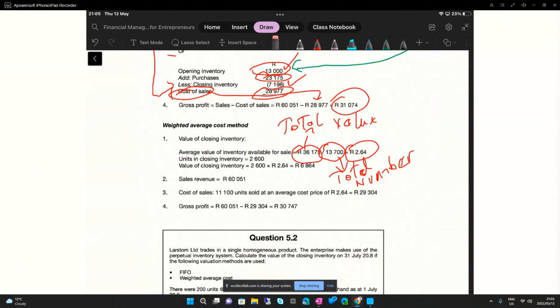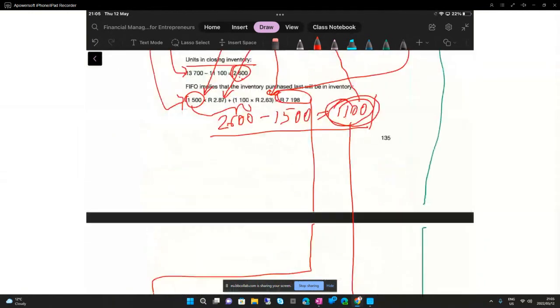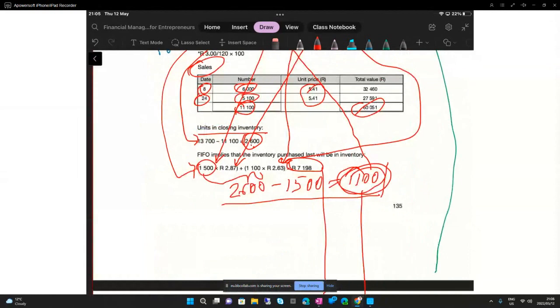So we know now, under the periodic, the average is 2.64. Okay? Units in closing inventory were 2,600. So we can get the value then, because we know it is this 2,000, the same 2,000 that we use here.